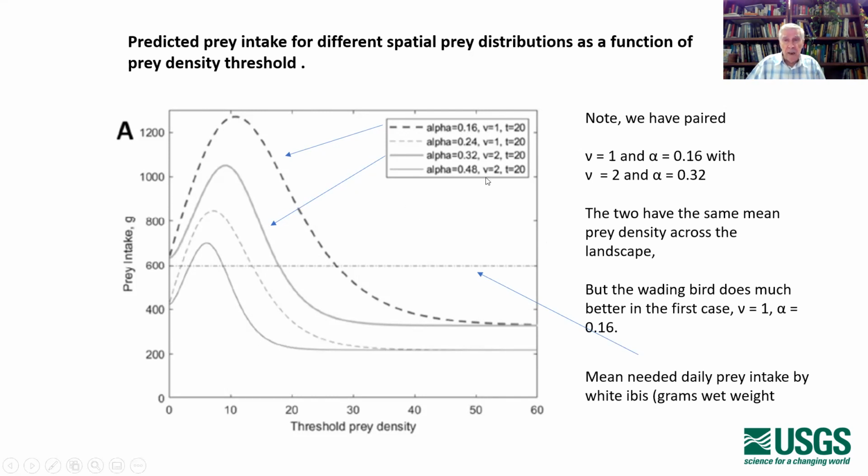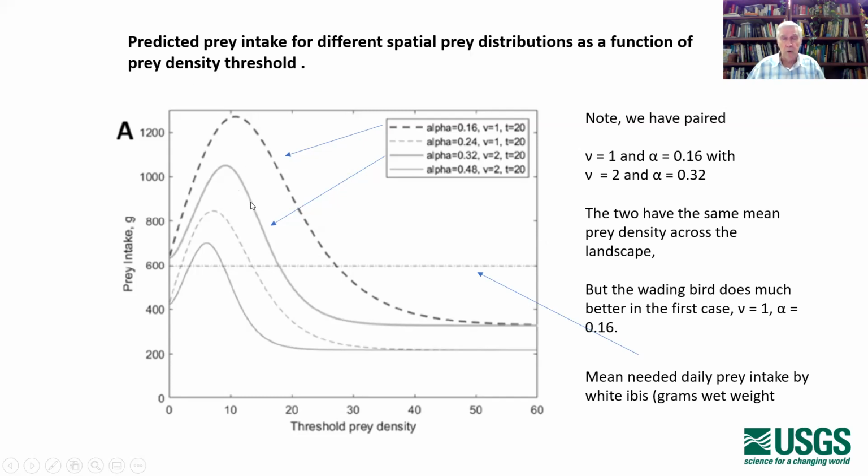One interesting thing is that this is for alpha equals 0.16, nu equal 1, and this is for alpha equal 0.32, nu equal 2, and those actually have the same prey distribution over the total prey over the whole landscape. They're just distributed in different ways. This is distributed according to a negative exponential.